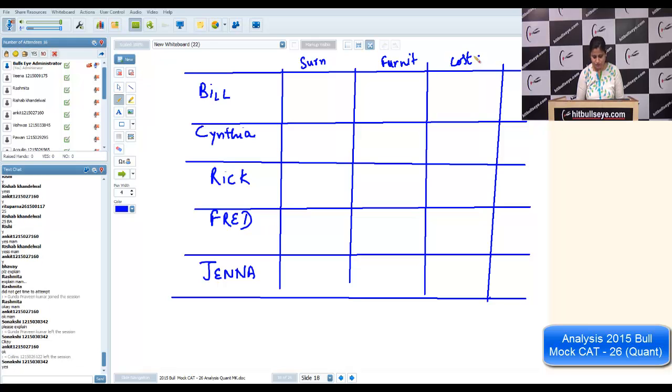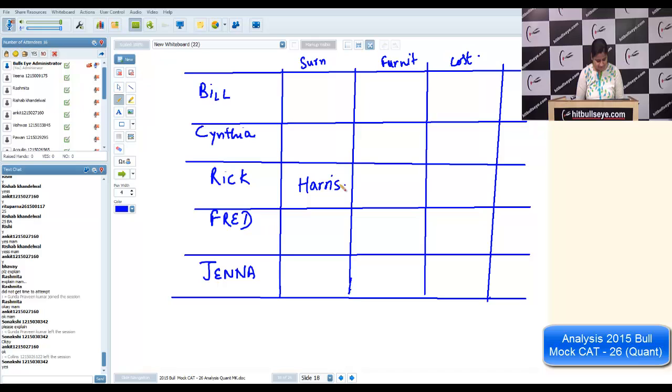So I have to make a hit and trial case if I'm considering that Rick is Harris, because there is one more statement given that Jenna's sale item cost twice as much money as the piece of furniture Harris sold.